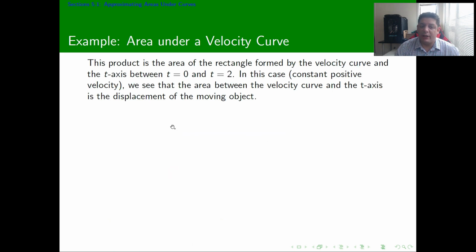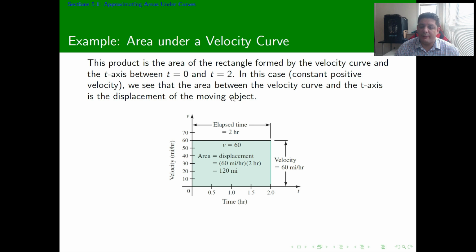Now, the product of this is the area of the rectangle formed by the velocity curve and the axis between 0 and 2. So in this case, we see that the area below the velocity curve and the axis is going to actually be the displacement. And that makes sense because if you remember, distance is speed by time.